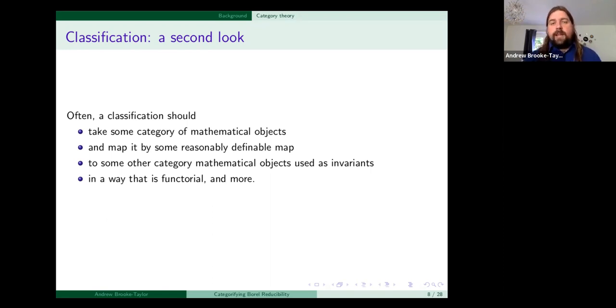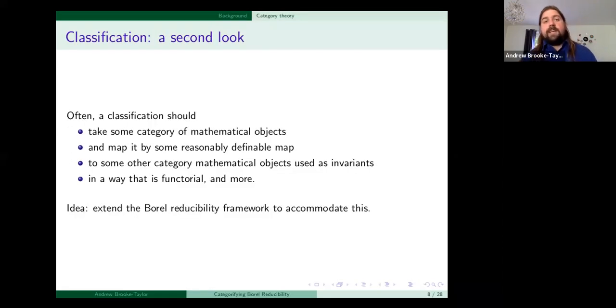So for example, we mentioned C-star algebras earlier. You've got these K-theory invariants that are used in C-star algebras, and these are functorial invariants, okay? They respect not just the objects, but also the morphisms. But the Borel reducibility framework just pays no heed to the morphisms at all.